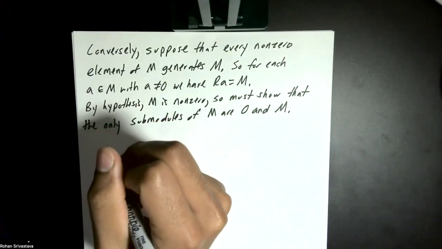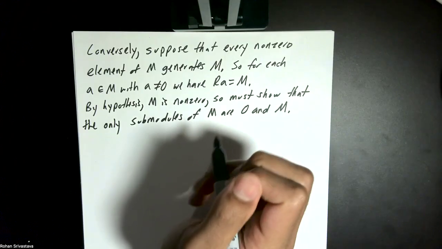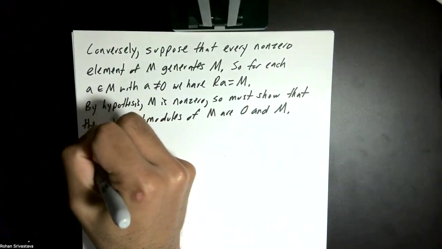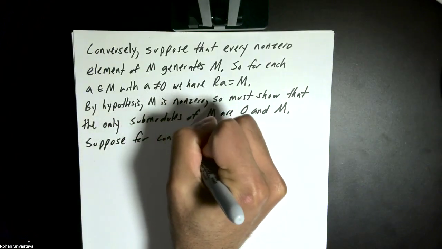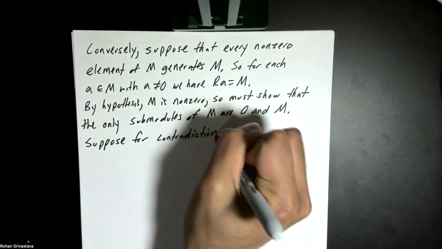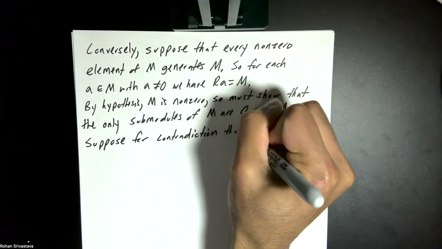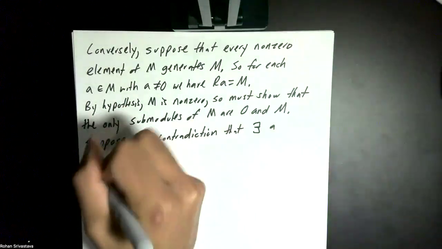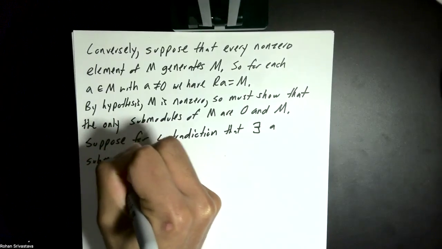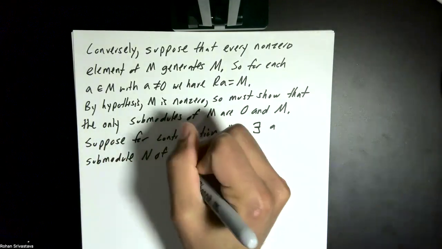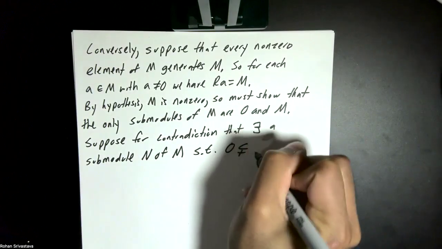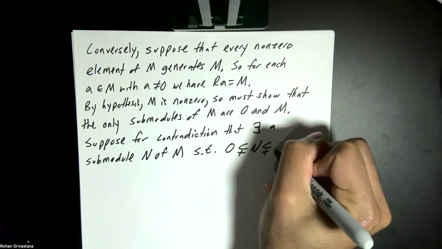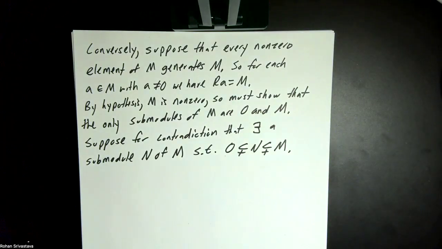So, okay, let's suppose for contradiction that those aren't the only submodules of M. So suppose for contradiction that there exists a submodule, call it N of M, such that N is not the zero submodule and it's not M, so it's strictly in between.